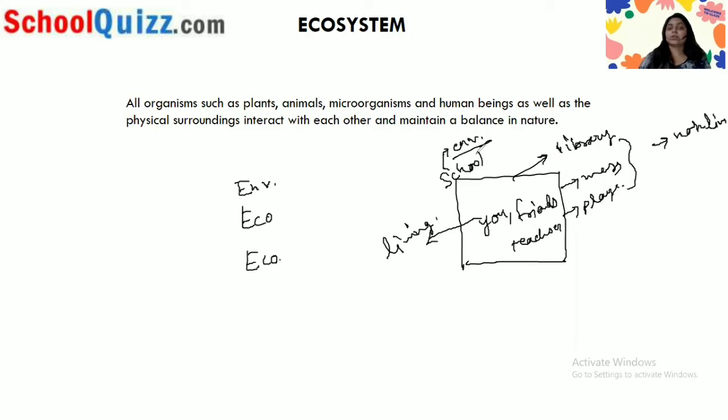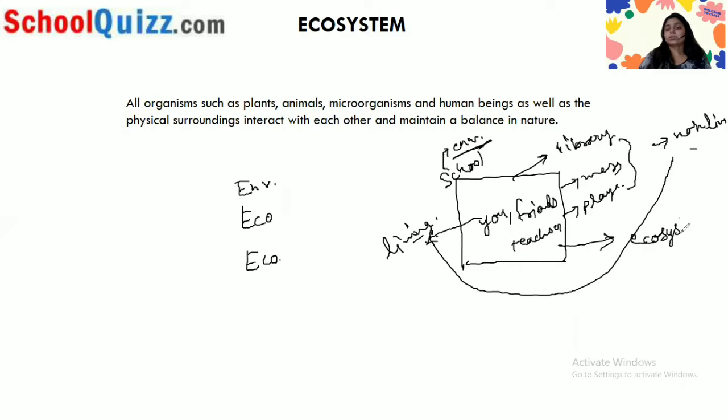So this is an environment where the living things and non-living things are present, and when they interact, so your friends interact with the library, you go to the library to study, okay? So you are interacting. So the living things and the non-living things are interacting here. So it is called the ecosystem.